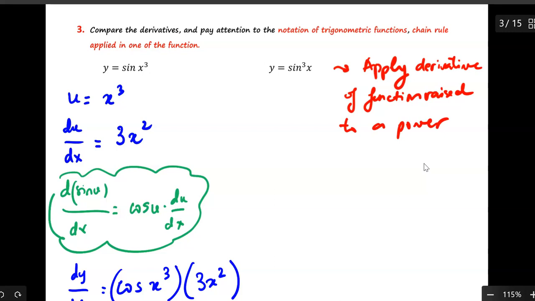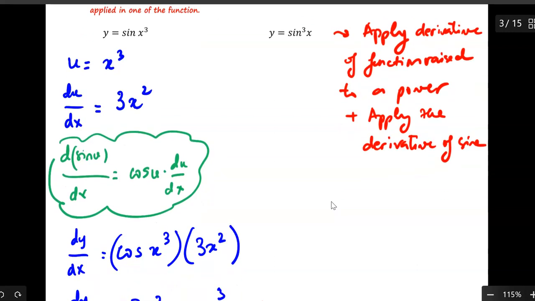At the same time, we also have to apply the derivative of sine. Three things you need to do here. And plus you have to multiply by derivative of u as well.